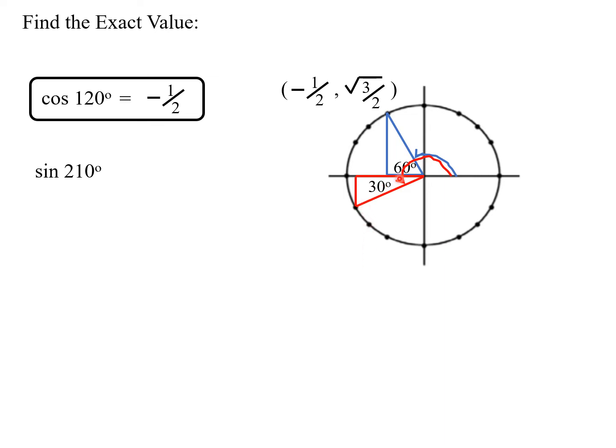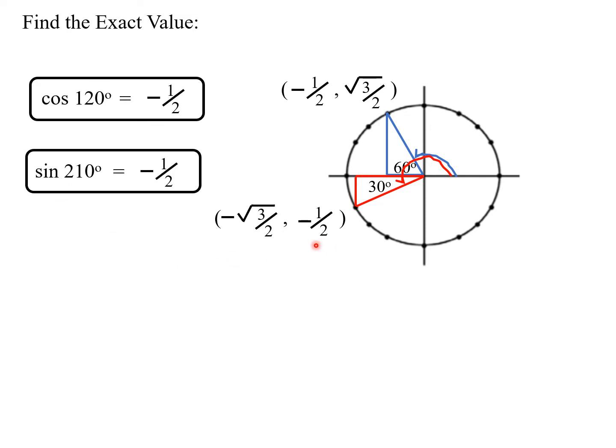Applying what we learned a couple slides ago to this point, knowing that in quadrant 3 the x and y coordinates are both negative, we get this for the coordinates of that point. The sine is the y coordinate, so that makes the sine negative 1/2. All we need to do is apply that to the unit circle with these special angles.